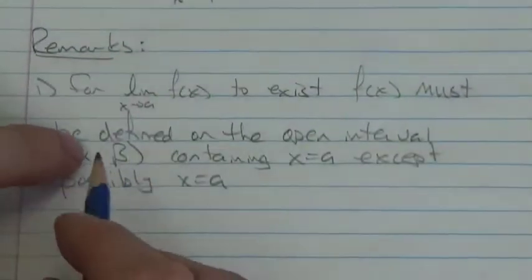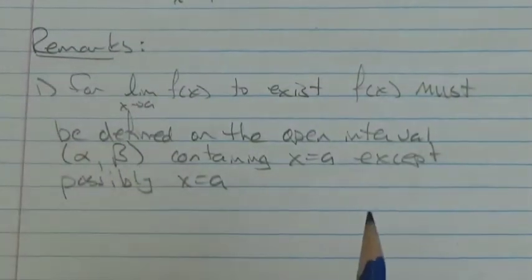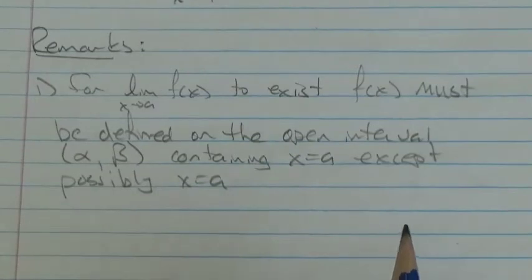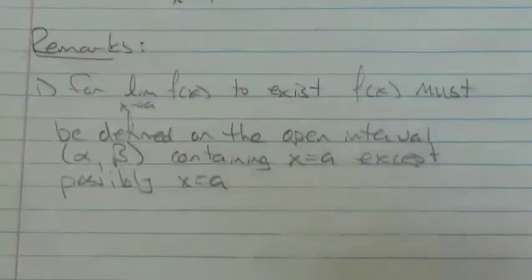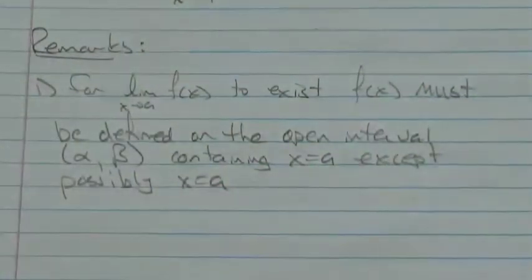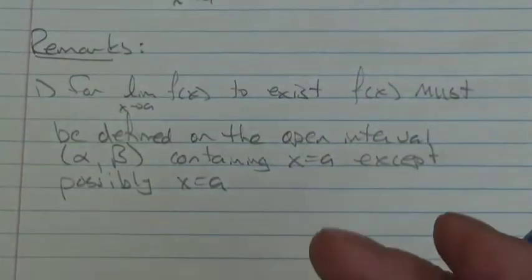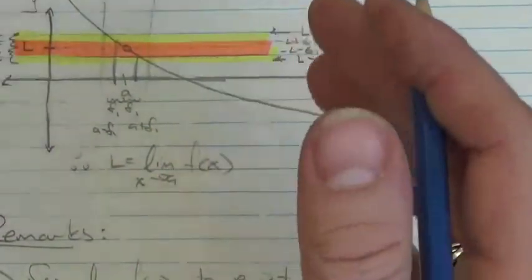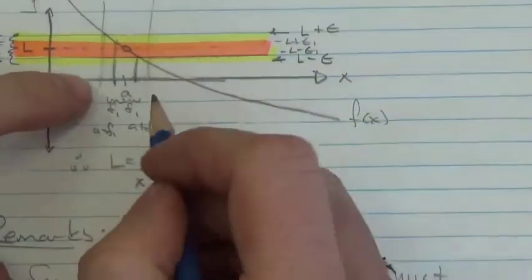It can't be a closed interval, because as soon as you close the interval, you create a possibility where this isn't quite true. But as long as it's an open interval, I can get as close as I want to A without getting to the end of this. There's always going to be a value inside there. I know that seems a little bit goofy, but trust me on this one for right now.